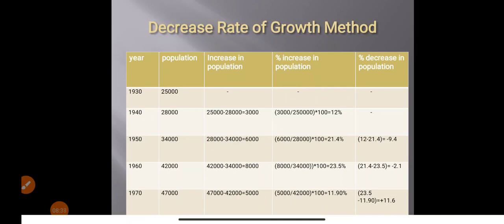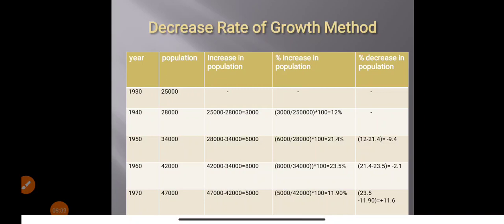What we have calculated is the percentage decrease in population, that is minus 9.4 minus 2.1 plus 11.6 divided by 3, which gives the value of dr. dr is nothing but the decrease in percentage of population.